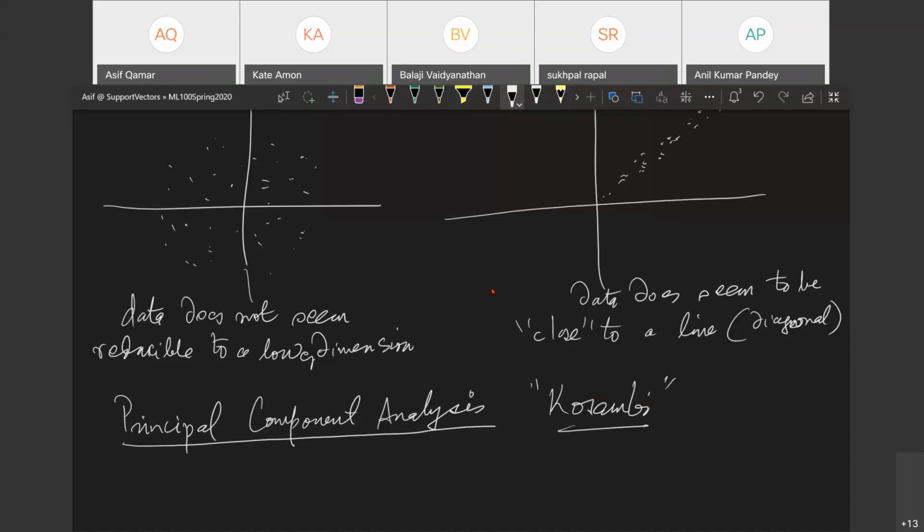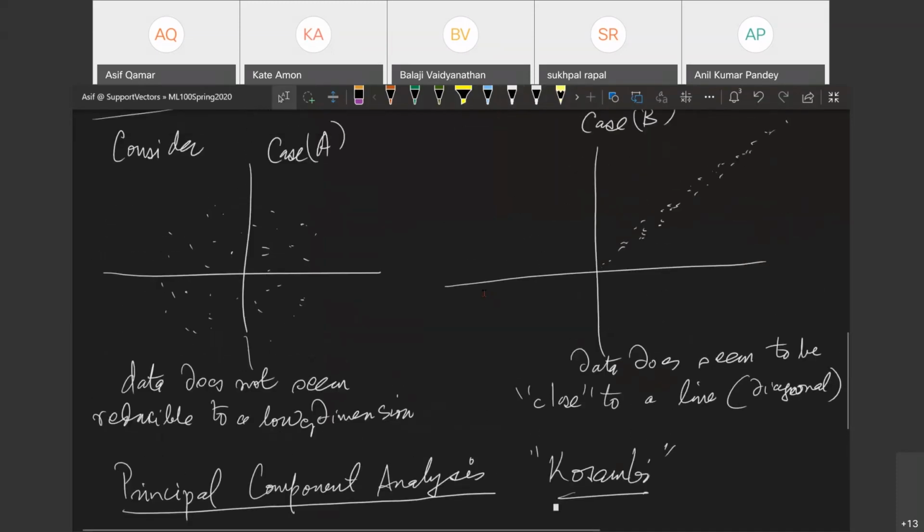Okay? So what is this idea of principal component analysis, and what is the big deal about it? It goes back to this intuition.